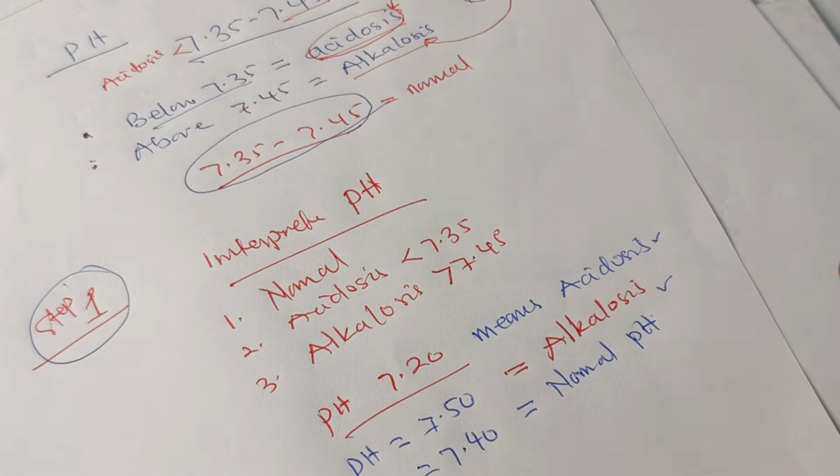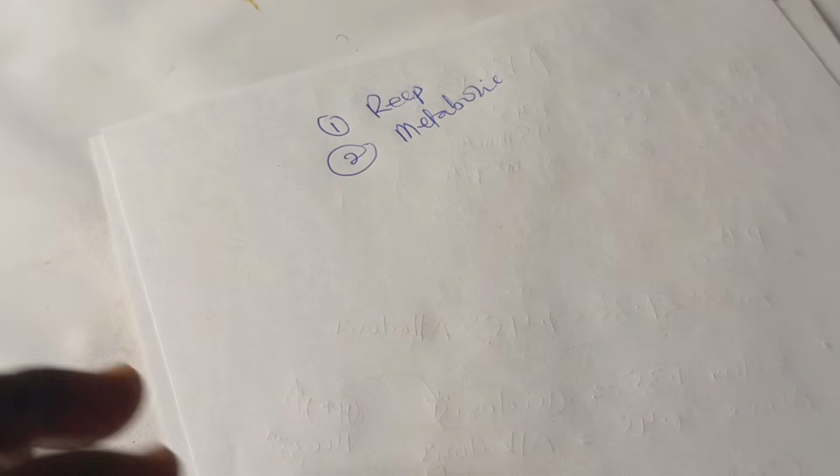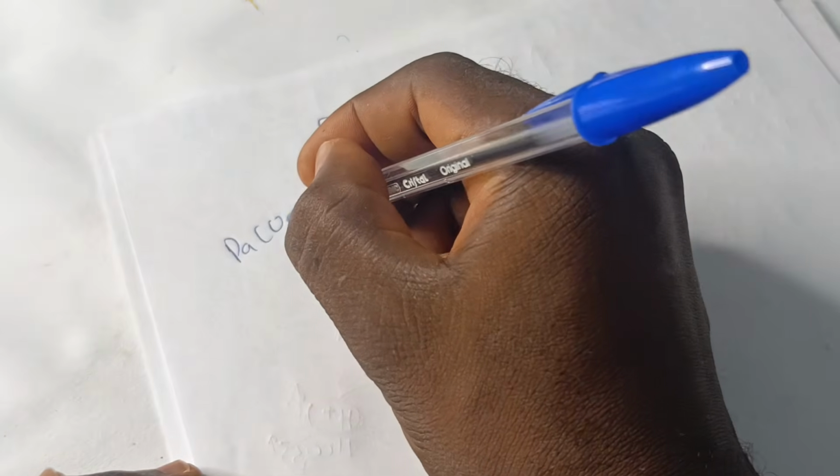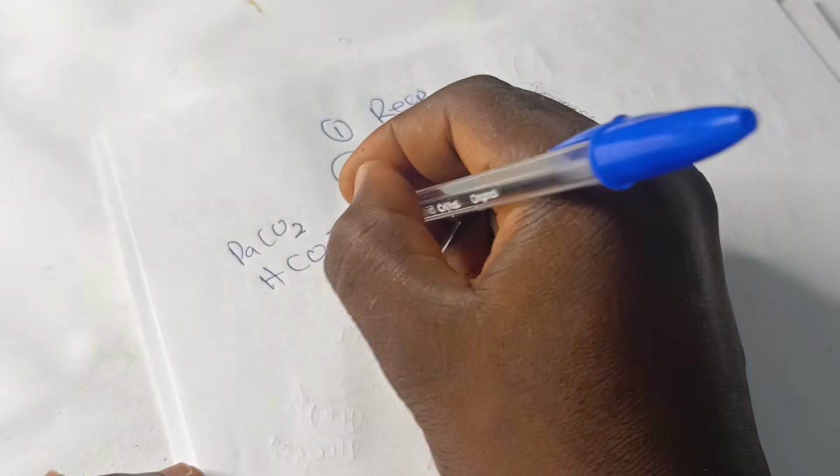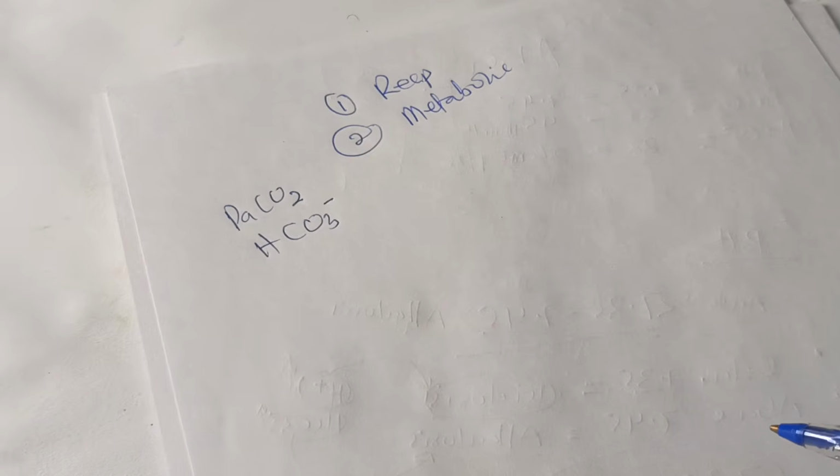Now, to do that, you have to go to the next value, the partial pressure of carbon dioxide, and then the bicarbonate values. You have to look at the values to see which one is abnormal.